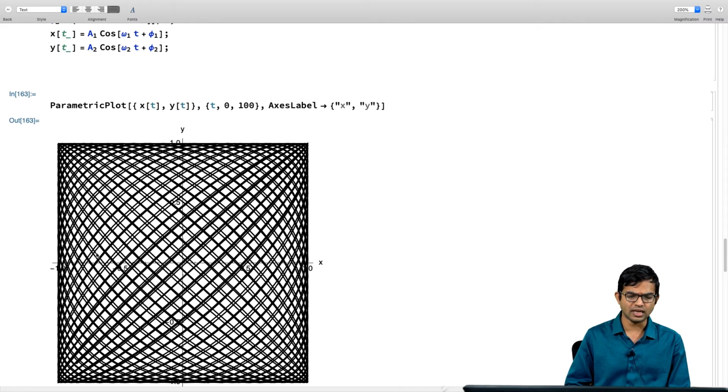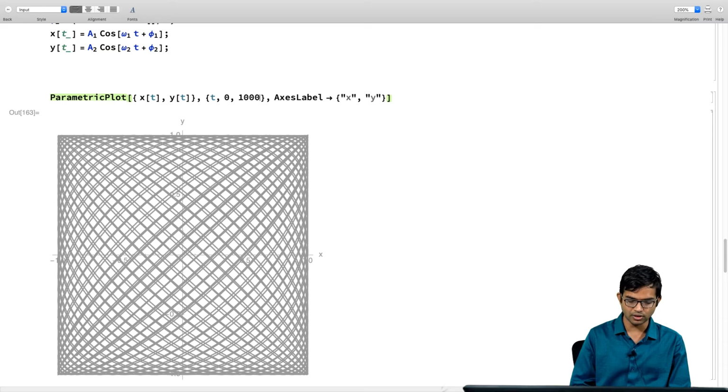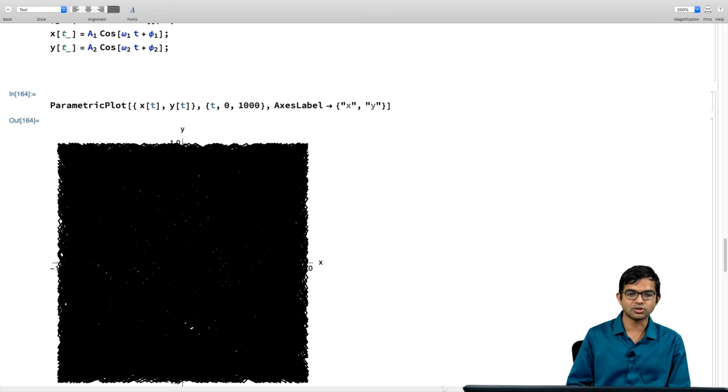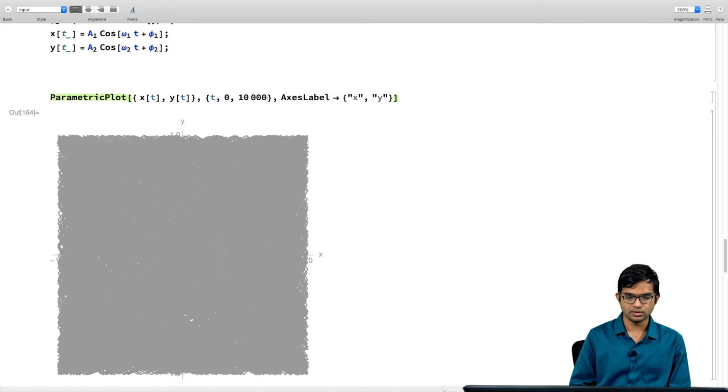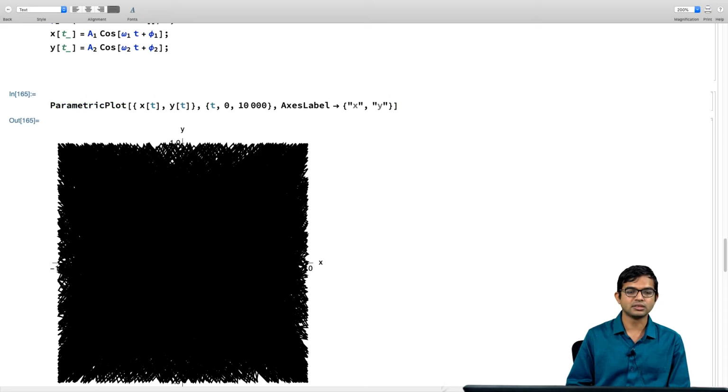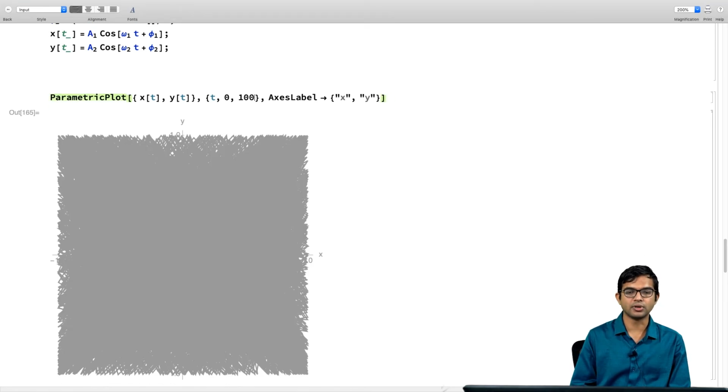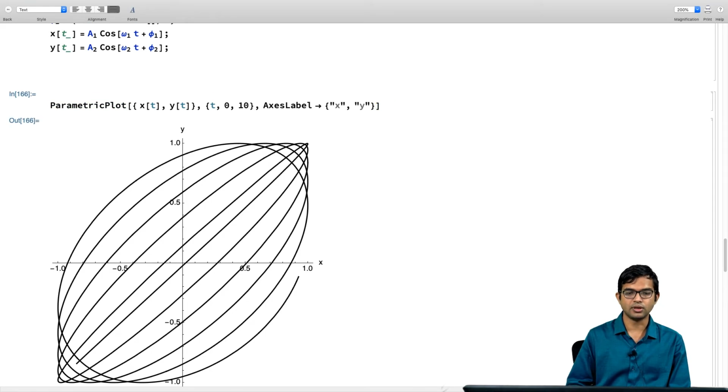And so the question is, are there some forbidden regions here? Is it refusing to go in certain regions? If I run it for even longer, then you see that actually it's not the case. If I keep running it longer and longer, I can pretty much cover the whole square. And so you can ask the question, is it a generic property? Is it always going to be covered or not?